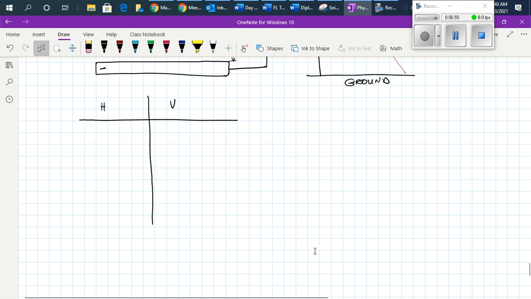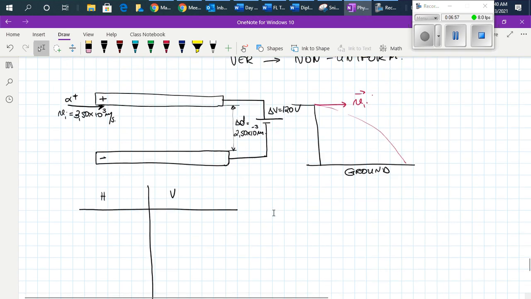What I mean by this is that the electric field strength is in this direction, and the direction of the motion of the object entering is perpendicular. So this is what I mean by perpendicular to the electric field strength.